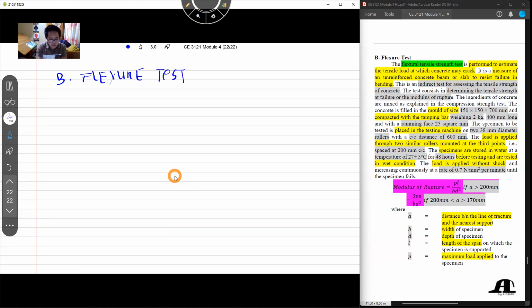Ang tawag sa test natin, class, is yung flexural tensile strength test. Okay. So in terms of specimen, class, ang specimen natin again is beam.